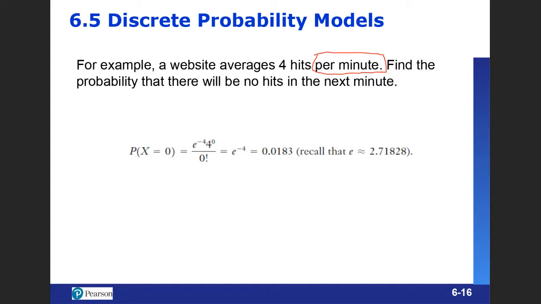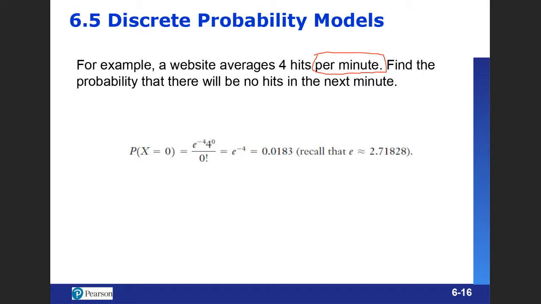No hits in the next minute. Right. So I need to find the probability of no hits in the next minute. That's right. But at this point, what does X stand for? X stands for a discrete random variable, the number of hits per minute. So X could be 0 hits, 1 hit, 4 hits, 18 hits per minute. It could be anything, right?